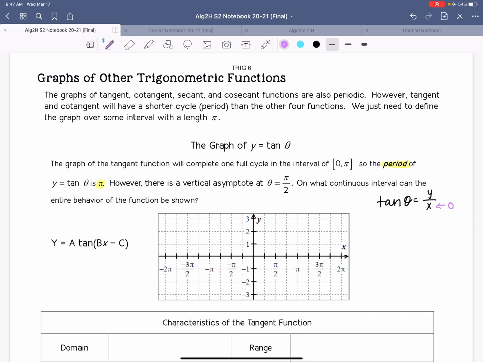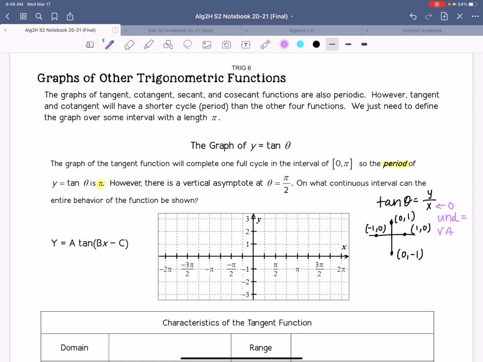If you think about the unit circle, at these points I have zeros and ones, right? So this first point is (1, 0). This next point is (0, 1). This one over here is (-1, 0). And this one down here is (0, -1). So when x is 0, it's undefined. And when it's undefined, that means we have a vertical asymptote there.